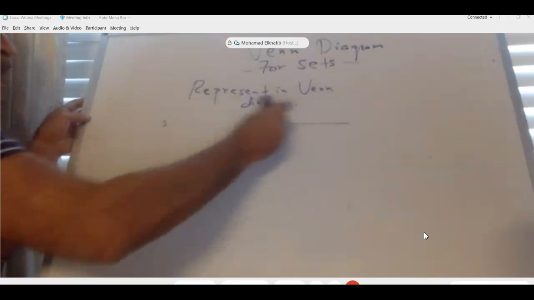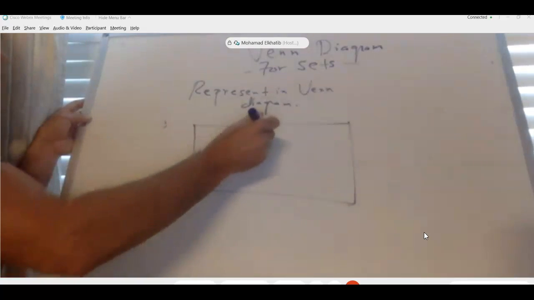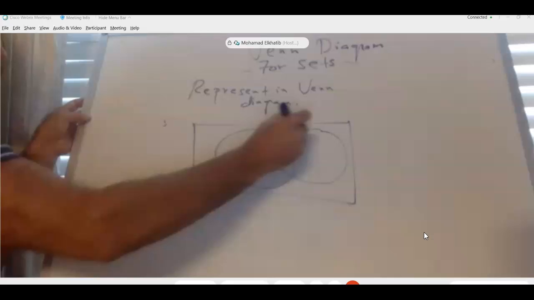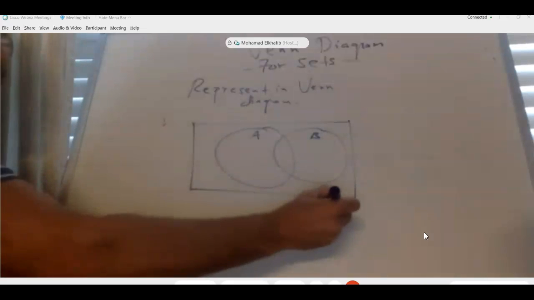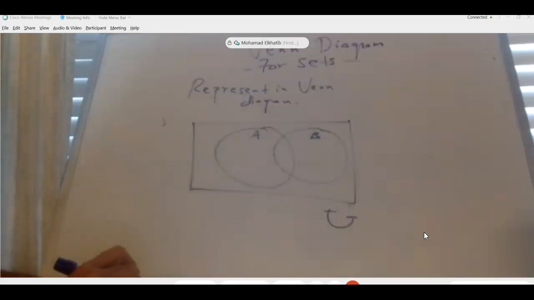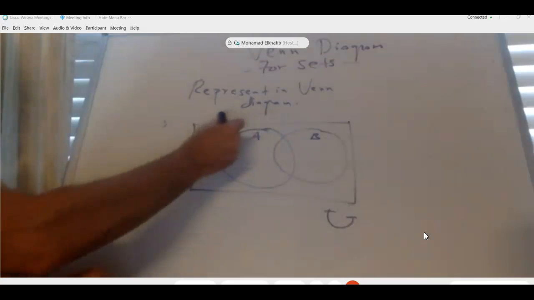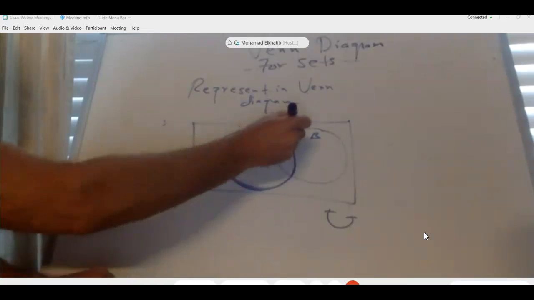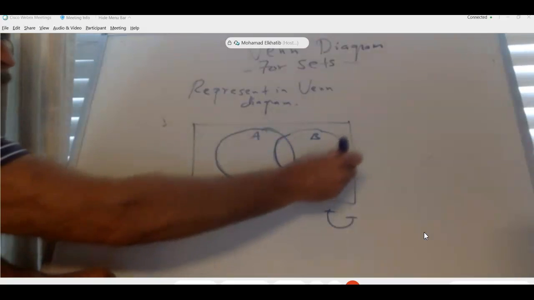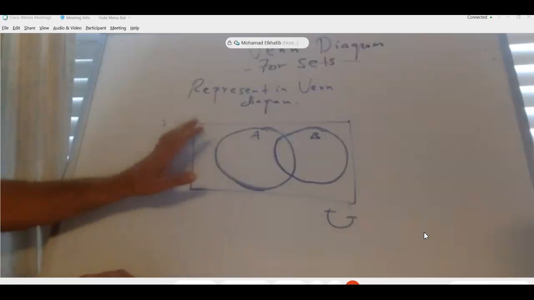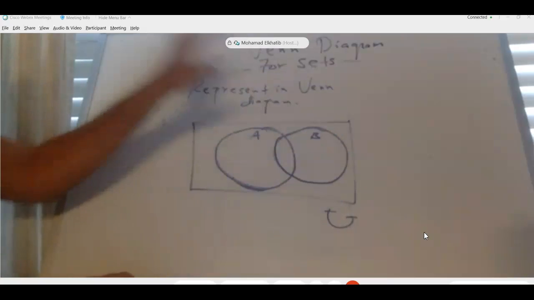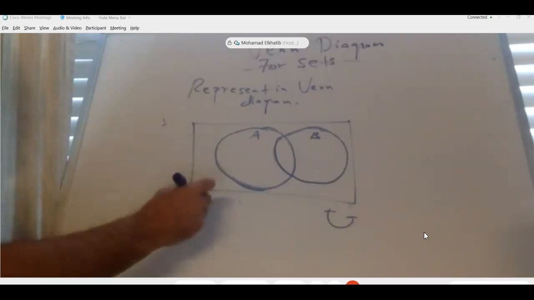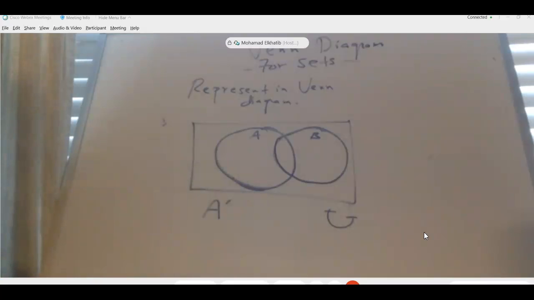The big rectangle is your universal set U. Set A is everything in circle A. Set B is everything in circle B. Everything in the rectangle is U, the universal set. So if I ask you, for example, to shade A prime, where is A prime?